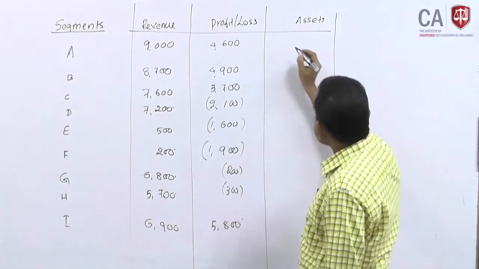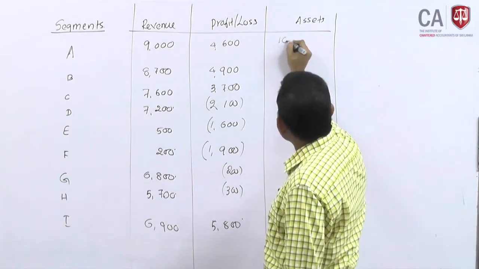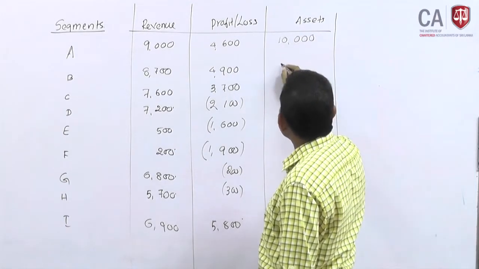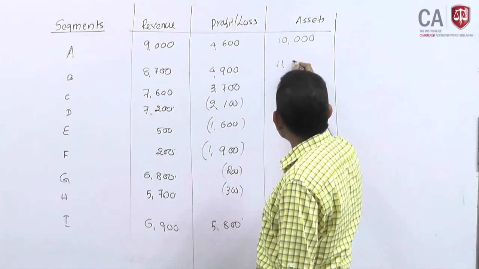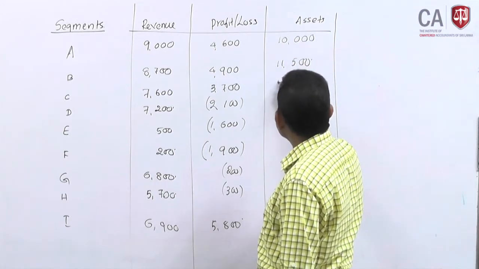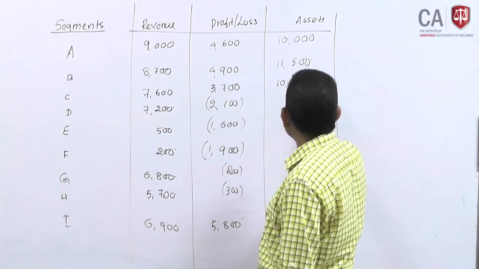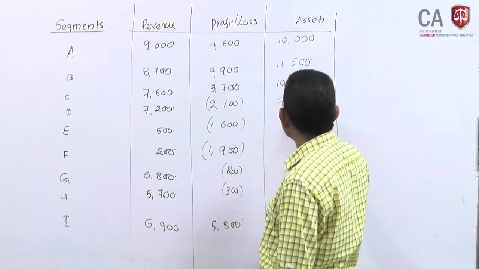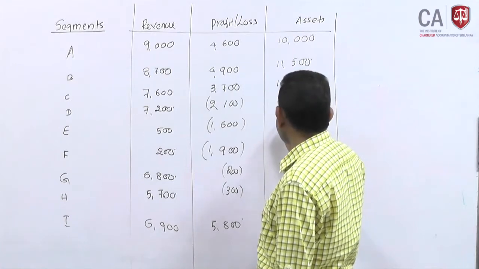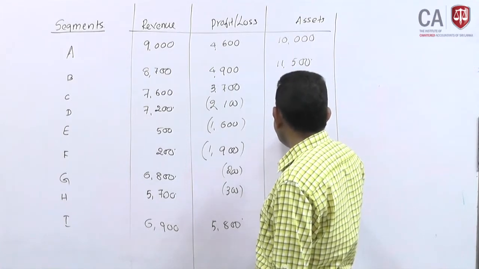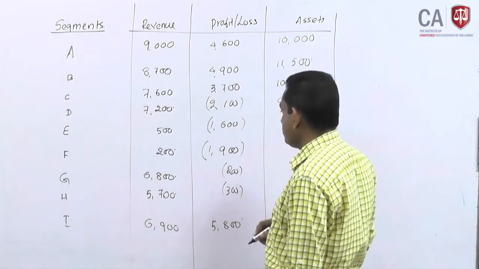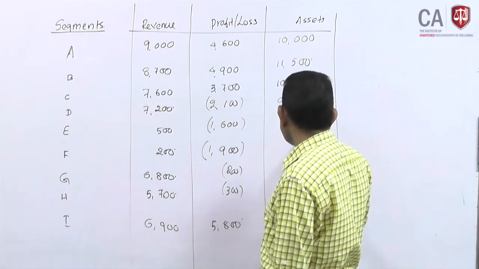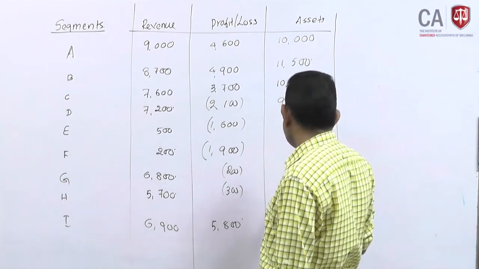Assets: 10,000. This is 11,500. 10,500 total assets. And this is 9,000. This is 800 assets. This is just 900 assets.